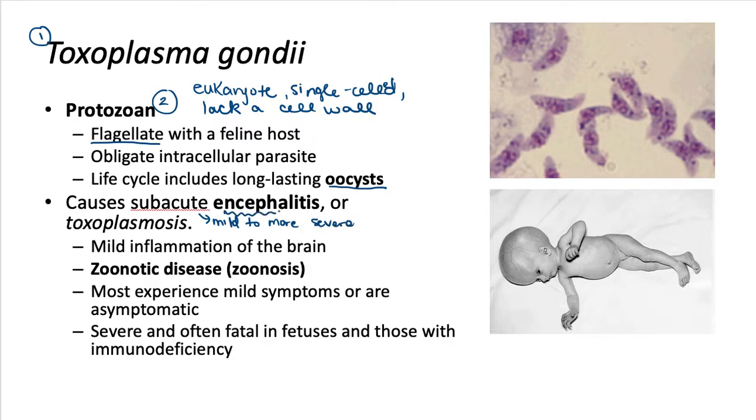Encephalitis means an inflammation of the brain. We also call this toxoplasmosis. Toxoplasmosis would be the name of the infection, and encephalitis or brain inflammation, mild to severe, would be the description.